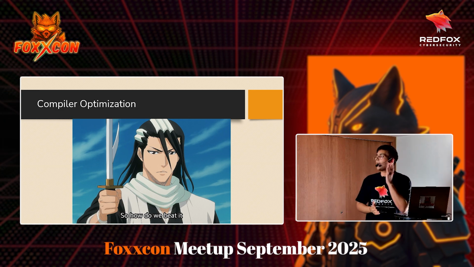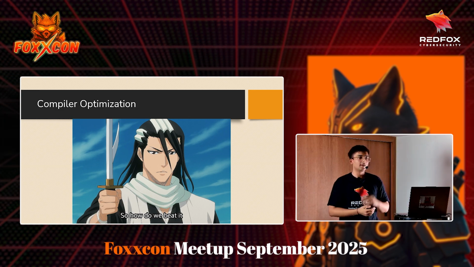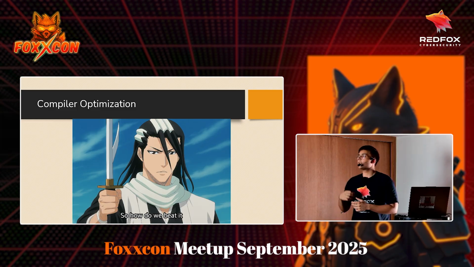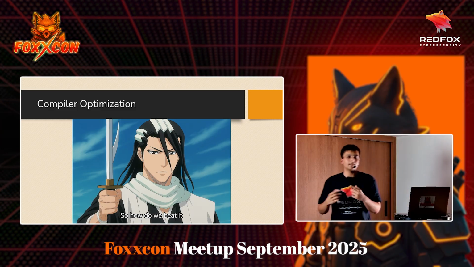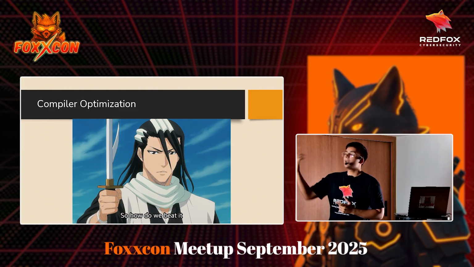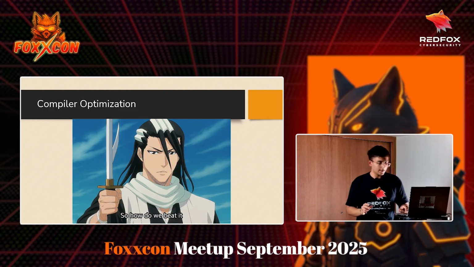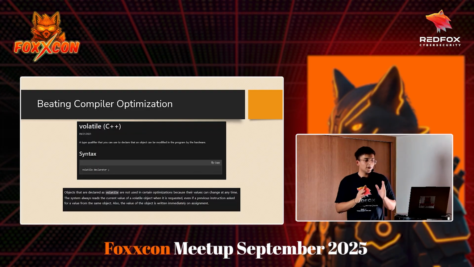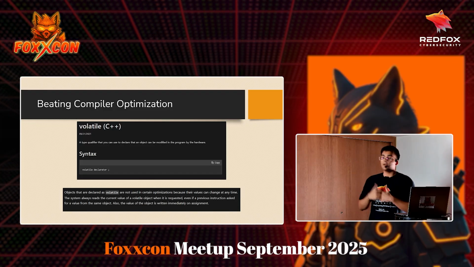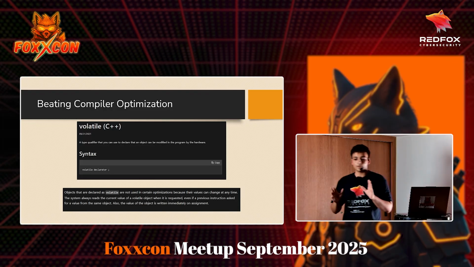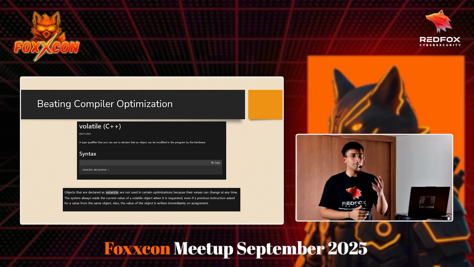Now, the compiler can play the part of an adversary if we are looking at it this way. Later in the demonstration, you'll see how the compiler will become an ally, right? So this is what I was led to when I was searching about ways to get past optimization.